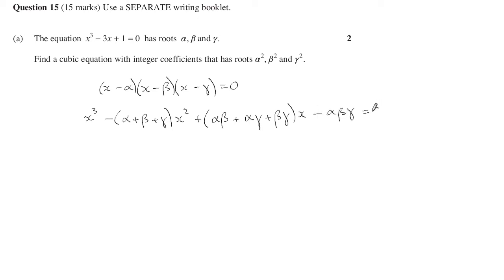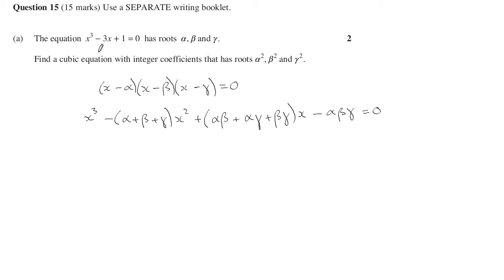Now, you don't need to do that expansion every time you see a question like this if you remember that this is what it makes. I sort of do something in between where I know that one of these coefficients will be something to do with alpha plus beta plus gamma and so on.